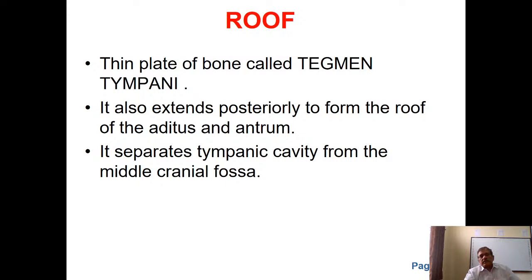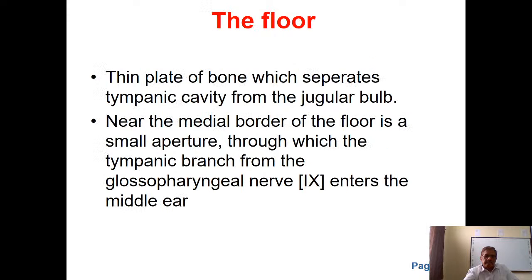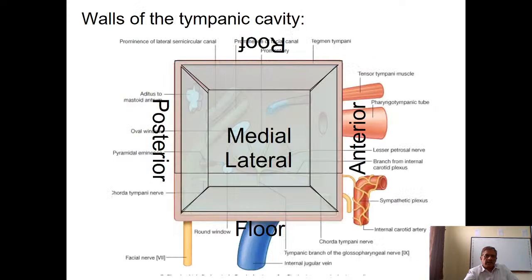Now, the roof is a thin plate of bone called the tegmen tympani. Just look at the roof. This tegmen tympani separates the middle ear cavity from the cranial cavity.